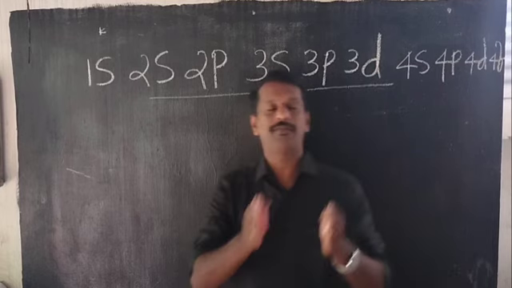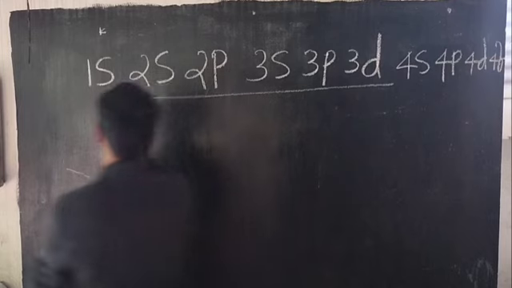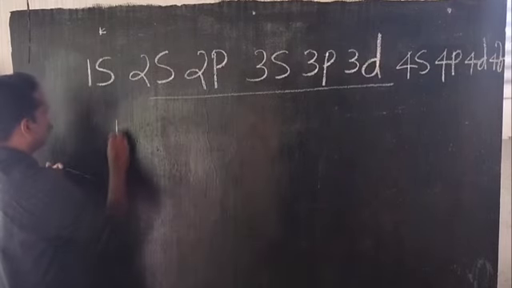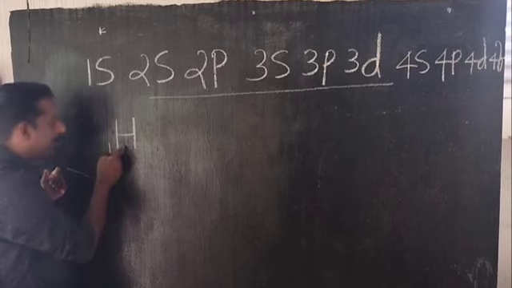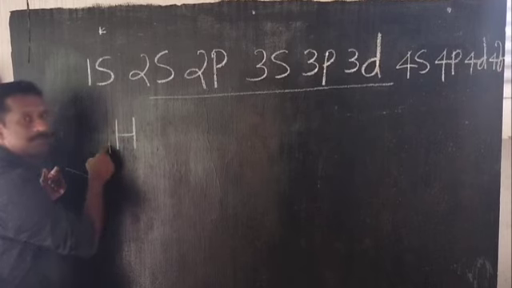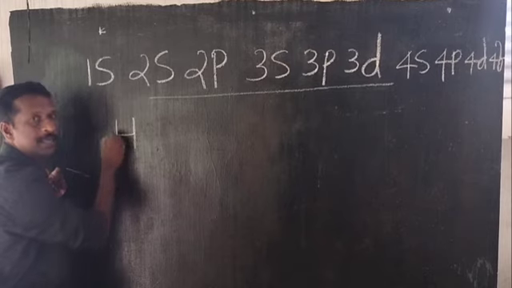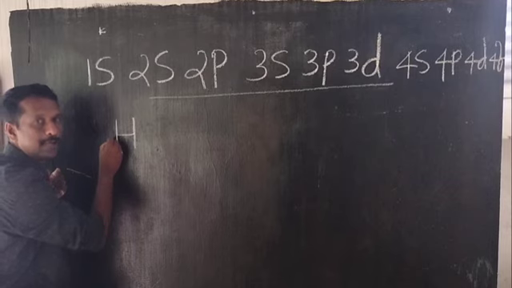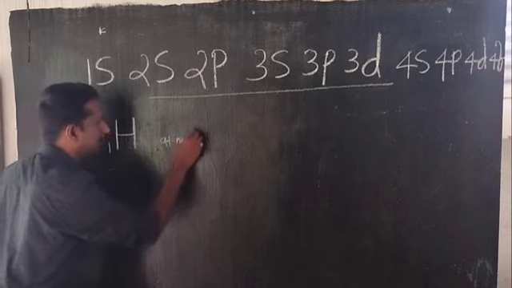First element, as you know, the first element in the periodic table is hydrogen. Hydrogen atomic number is 1, and you know that when you write a number at the lower left, this number is the atomic number. So the atomic number of hydrogen is 1.